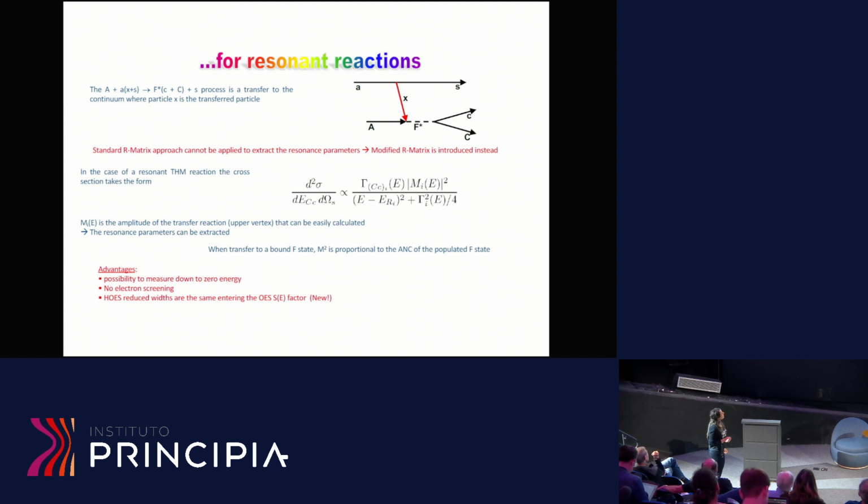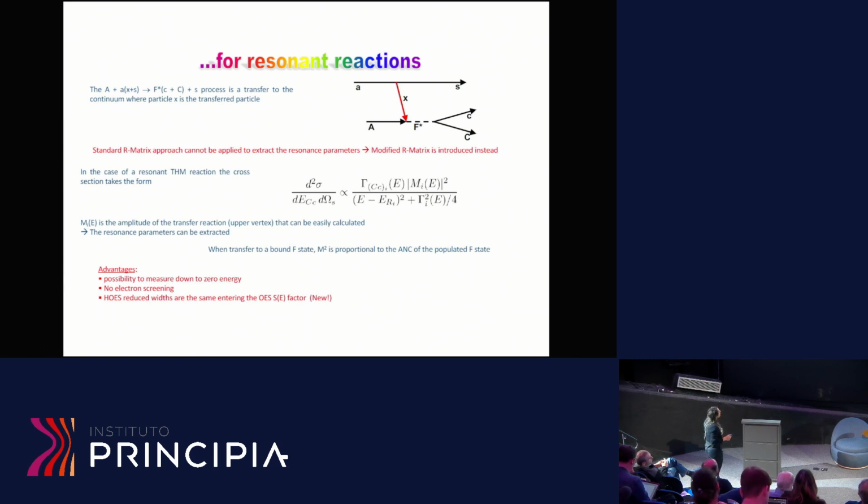And essentially, the other thing I want you to notice is that if you make a transfer to a bound state of this compound, this term will be proportional to the ANC, and in this case you can see the connection between the Trojan horse method and another indirect method called the asymptotic normalization coefficient method that works for bound states.